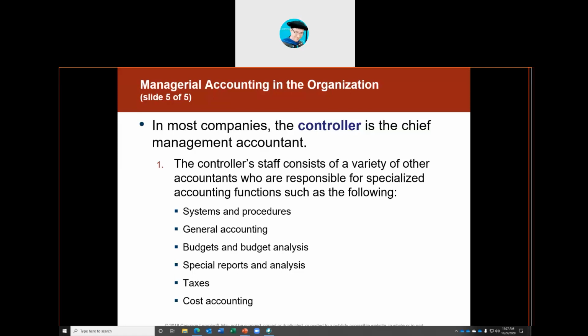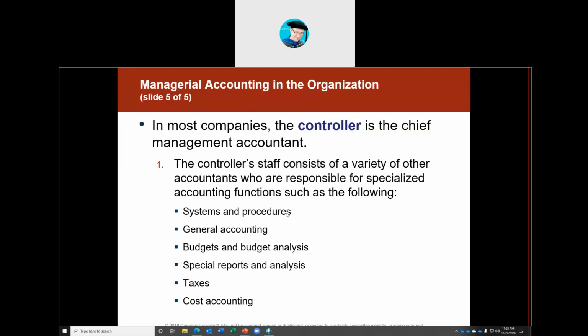I have a lot of financial controllership experience. My role and responsibility was the accounting of the organization. That included things like budgets, payroll, taxes, cost accounting, general accounting, and so forth. I was essentially responsible for all of the accounting functions.